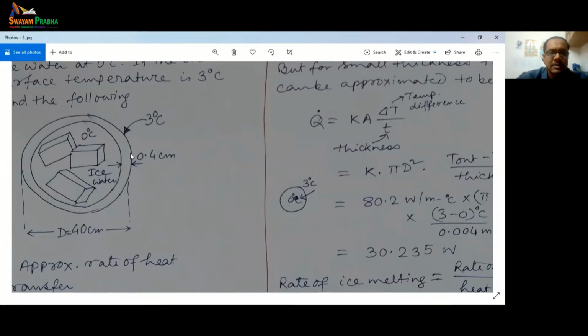So as the dia is changing, the heat transfer area, or the area perpendicular to the direction of heat transfer, will also be changing.